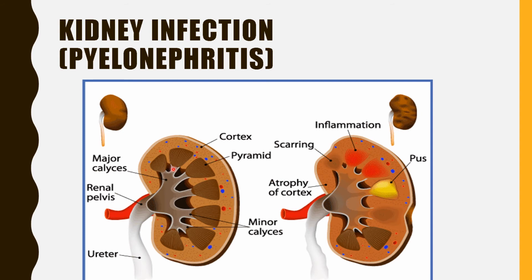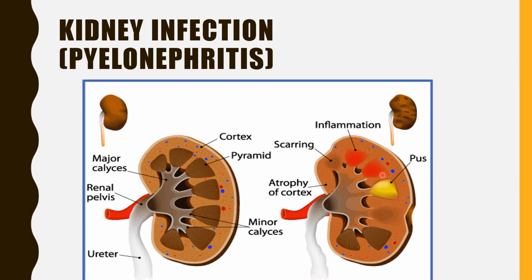Then comes the cortex part. Cortex is this, I've just encircled it, a half semicircle, and these are pyramids, slightly browner than the outermost part, that is the cortex. These are the pyramids. This is the normal kidney.